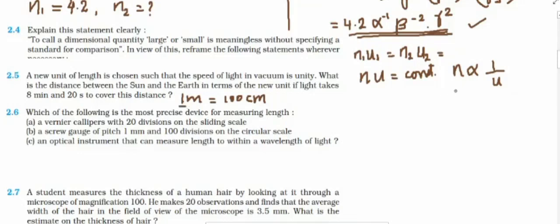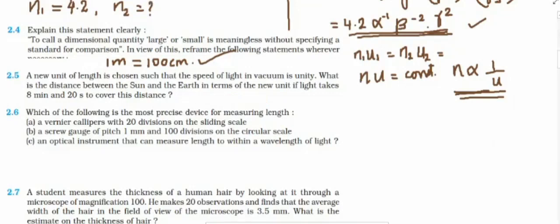So we can say they are inversely proportional. The same is given in the statement of the question, that is, whenever we have a quantity, we can say large or small depending on in which unit we have expressed it. From this example, you can understand it clearly.